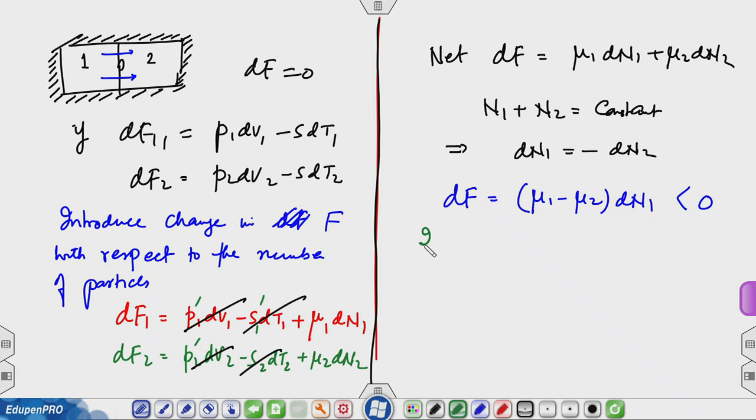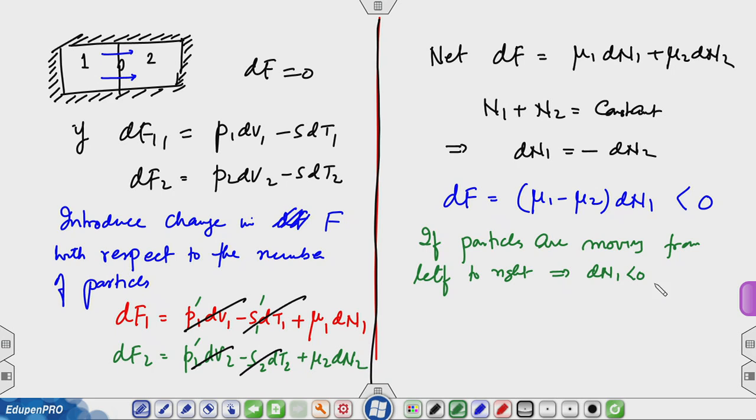So, if particles are moving from left to right, this implies dN1 is less than 0 and mu 1 minus mu 2 is greater than 0. That is, mu 1 is greater than mu 2.